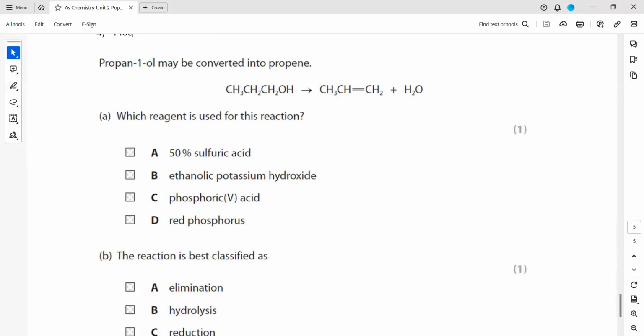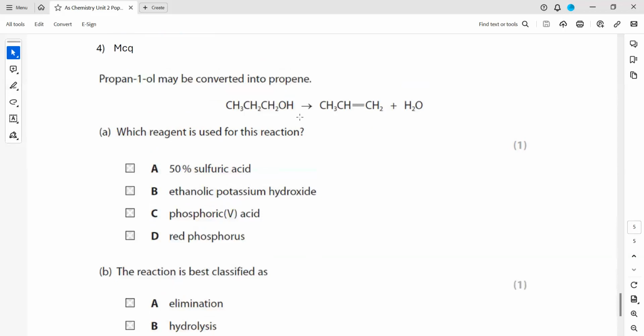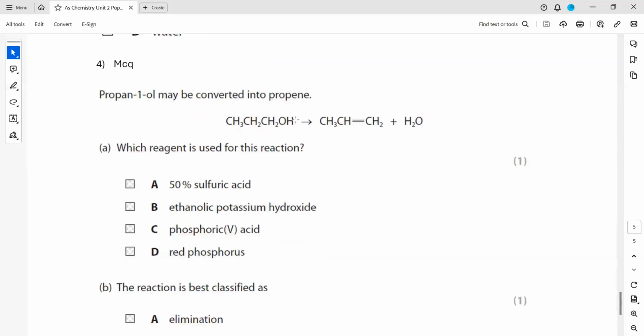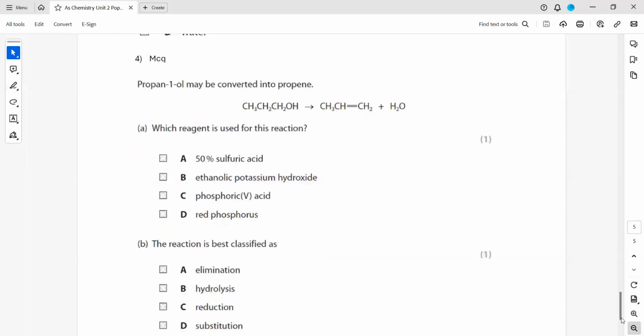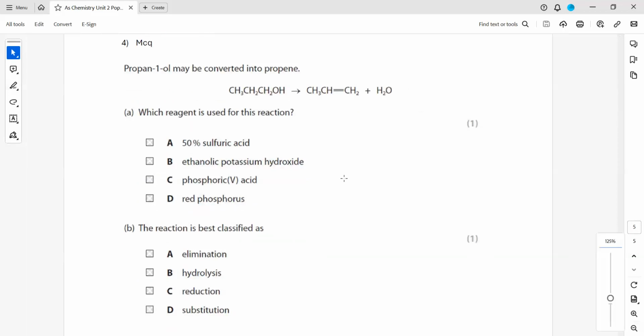You have to learn the reaction condition when alcohol is converted into alkene. So we need phosphoric acid for that. And the best classification, how can we classify what type of reaction this is?